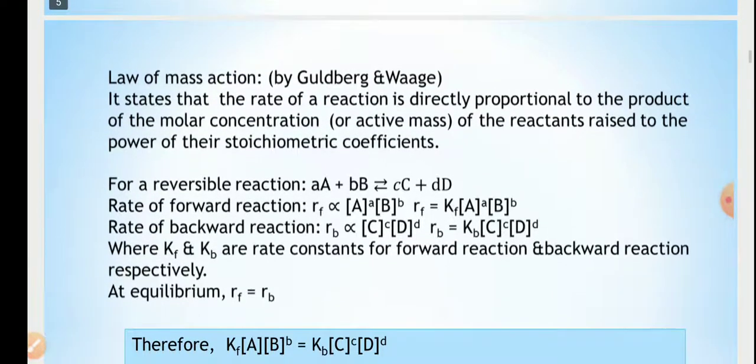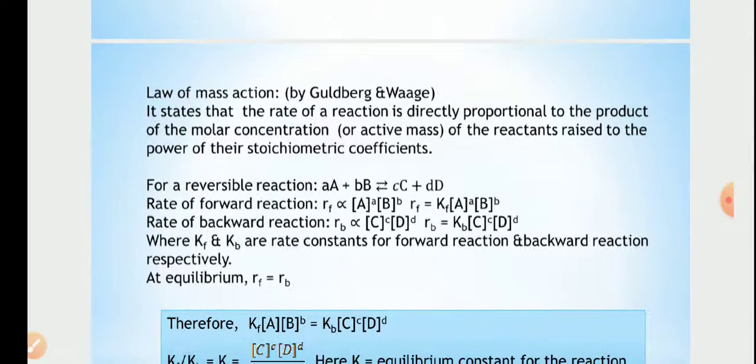If you want to get the details or make some calculations at a higher level, then you have to know some laws, that is the law of mass action. It basically tells us that the rate of a reaction is directly proportional to the product of the molar concentrations of the reactants.